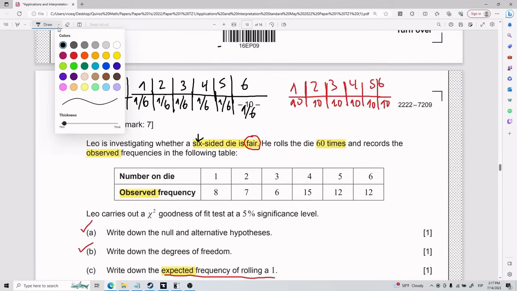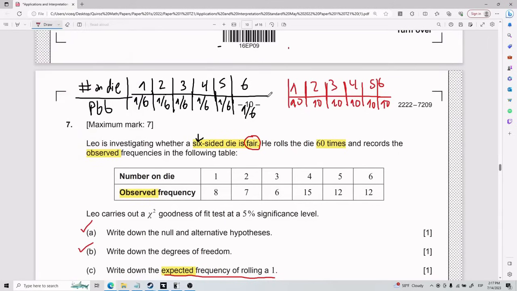Over here on the right, in red, I forgot to write, sorry. In red, we also have number on die, okay? Number on die, and down here we have expected, okay? So how did I reach 10? Well, the expected has to do with the amount of times you do your trial. So, my guy Leo, how many times did he roll the dice? He rolled it 60 times.